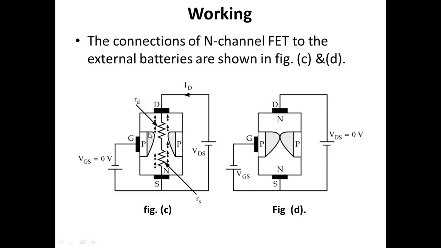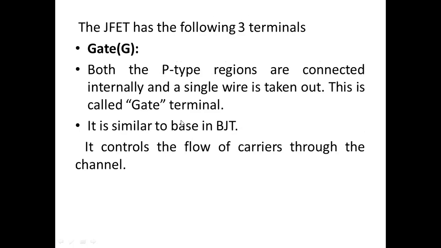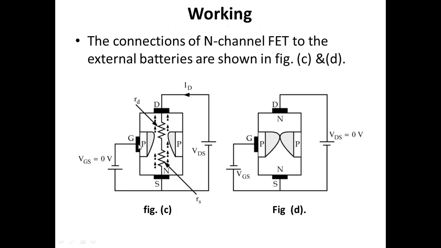Initially, without applying VDS and VGS, this much channel exists. But with the application of VDS, the drain side is in reverse bias, so the depletion layer width increases. As VDS increases, the channel width decreases.